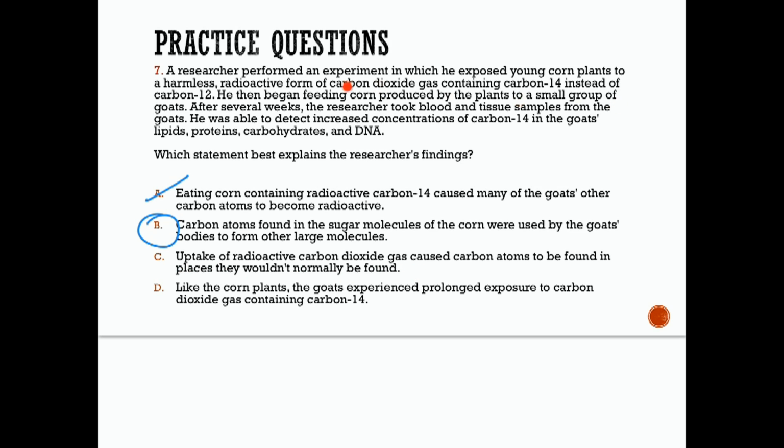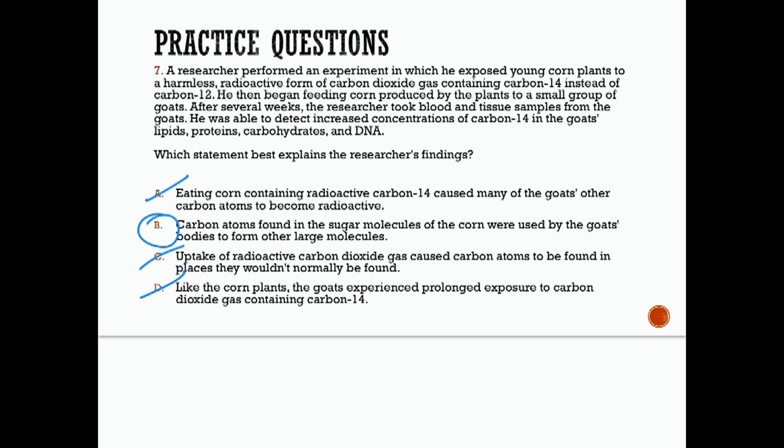All right, and if you look through this again, nothing like that was mentioned. All right, and then D, like the corn plants, the goats experience prolonged exposure to carbon dioxide gas containing carbon-14. All right, and same thing, it doesn't speak of that up here.